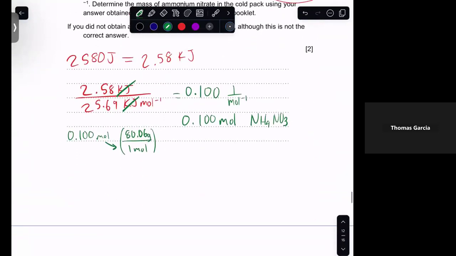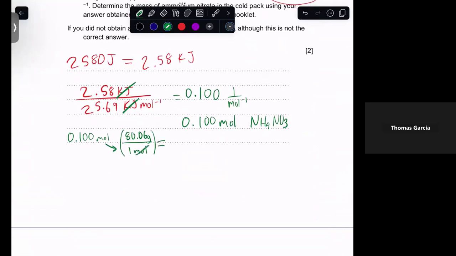So I'm going to use that value, and I will find that when my moles cancel, I will have 8.06, which we will round to 8.1 grams. Anywhere within that range is totally fine and totally acceptable. Or I should keep the 3 sig figs. We'll go back to 8.06 grams of ammonium nitrate, NH4NO3.